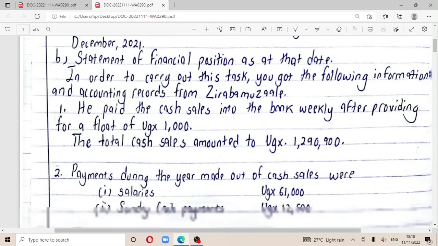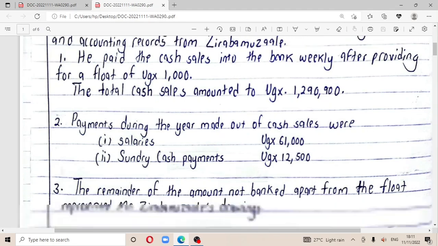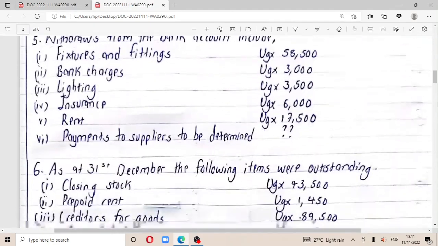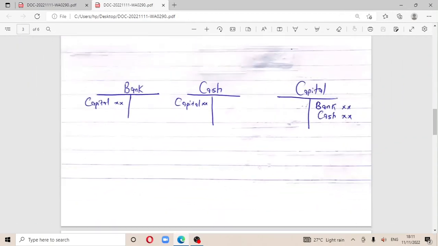So we are going to start by jotting down or identifying each step and putting it on paper. Since we are beginning business, sometimes you can be given bank and cash, and you start with cash of a certain amount and bank of a certain amount, and it adds up to some total amount.